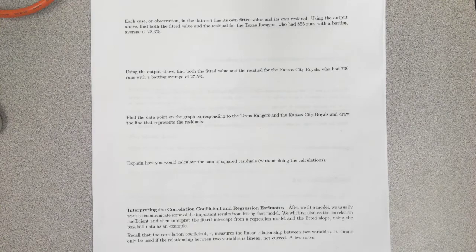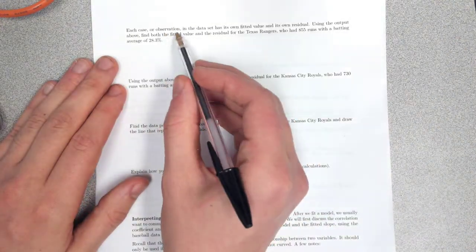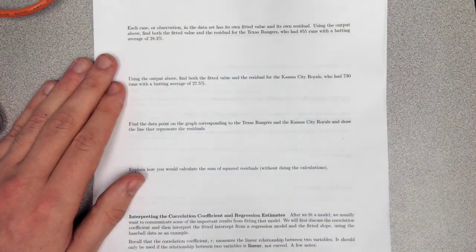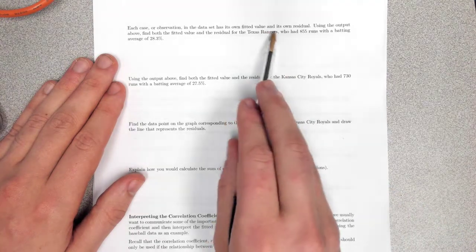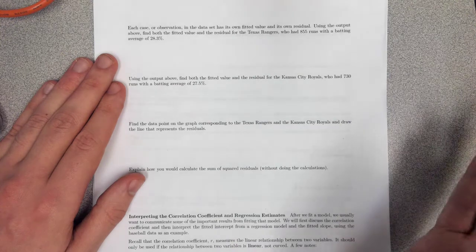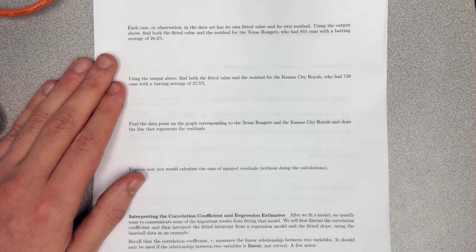And so remember, each case or observation in the data set is going to have its own fitted value, that is the response that the model is predicting for it. And therefore, it's going to have its own residual as well, which is just the difference between the observed number of runs scored and the number of runs scored predicted using our simple linear regression model.